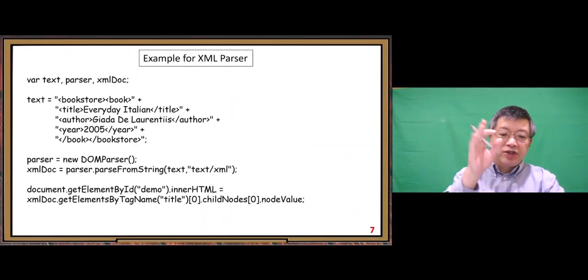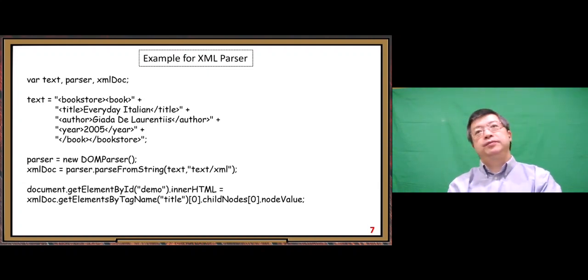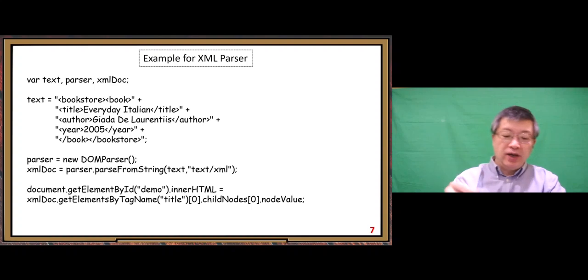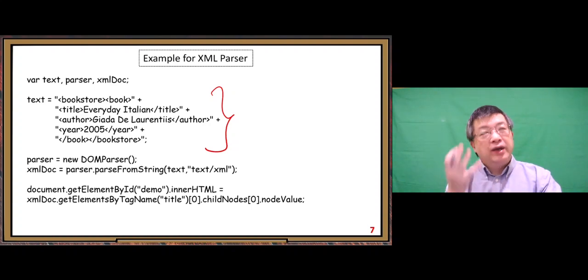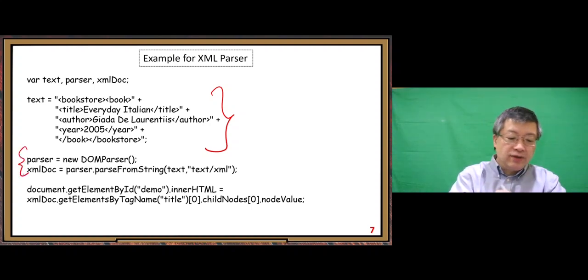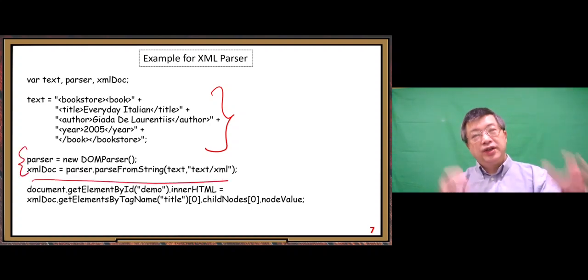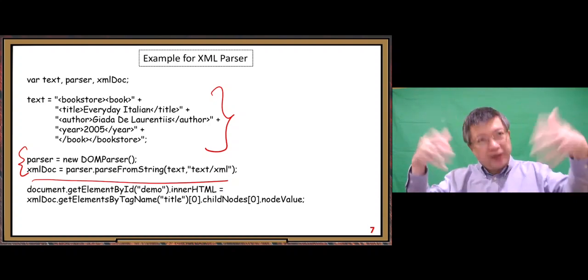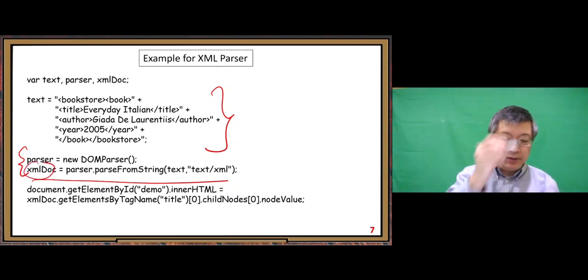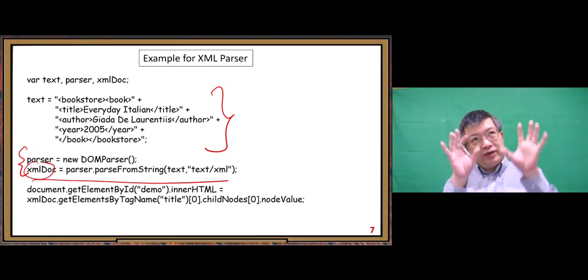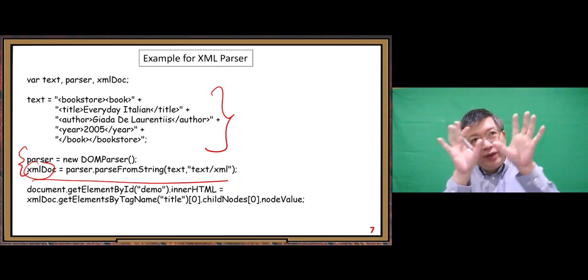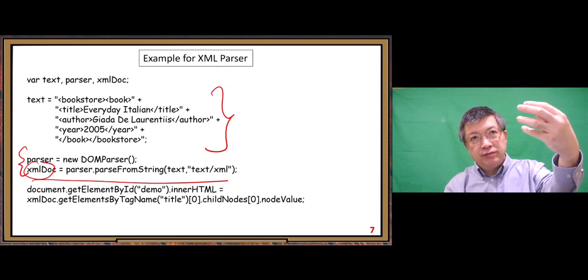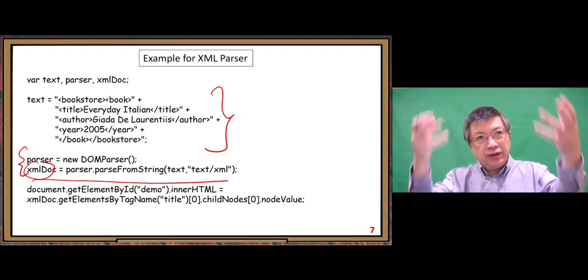So let's look at this JavaScript code. In a JavaScript function, we can have a string containing XML data like this. Then we do these two lines, so we get an object ready for accessing in your program. Now we retrieve. You can see how we access an individual element value inside it.